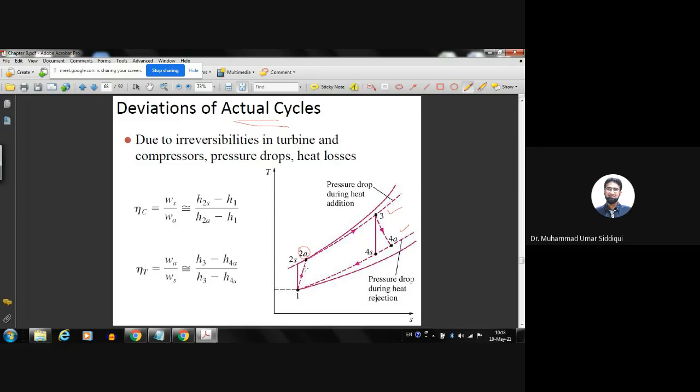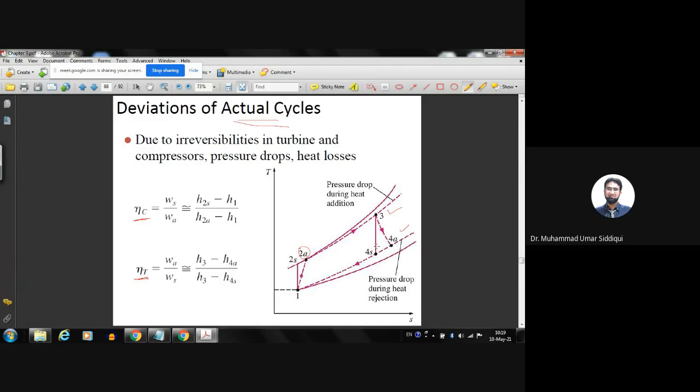So this dotted line for the compression, then we have the heat addition, then we have the expansion, and then we have the heat rejection. So it's a little distorted as compared to our ideal cycle. Now, how we introduce the actuality within the ideal cycle is by introducing the isentropic efficiency of the compressor and the isentropic efficiency of the turbine.